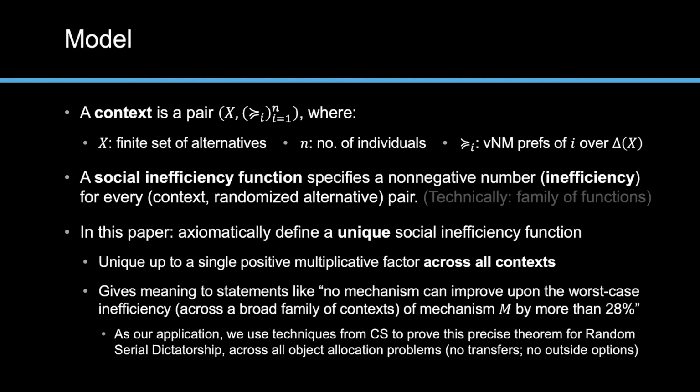So in this paper, we axiomatically define a unique social inefficiency function. It's going to be unique up to a single multiplicative factor across all contexts, meaning that if you multiply it by 5 in one context, you need to multiply it by 5 in all contexts, which means that you can still compare numbers across contexts.